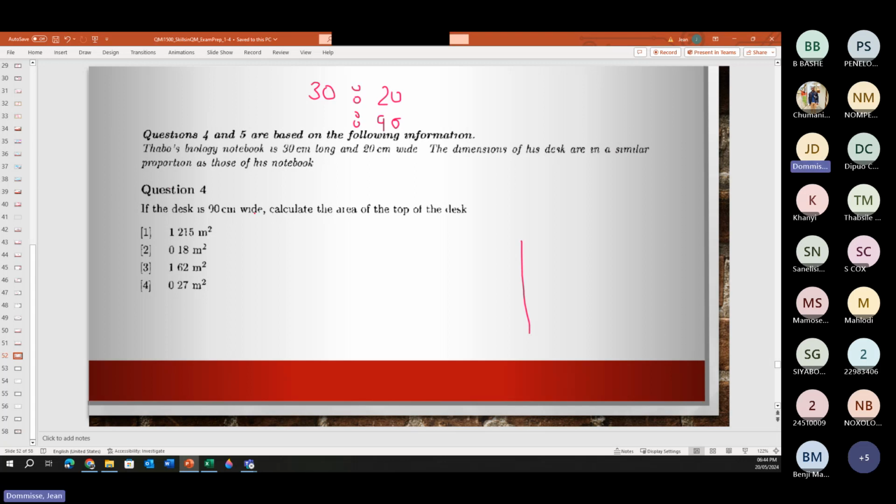If a desk is 90 wide, the other one was 20, very easily one could have said 90 there, because then it's nice to just say 50 times 3 would have given us 90. But 90 divided by 20 gives us 4.5. So 4.5 times 50, so the ratio is 135 to 90. So if a desk is 90 wide, calculate the area.